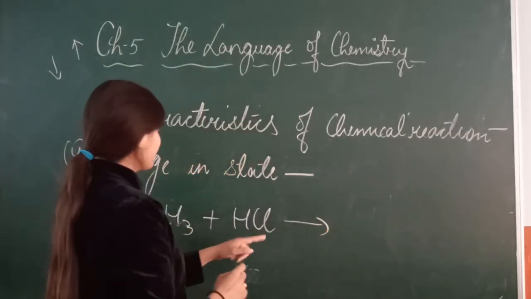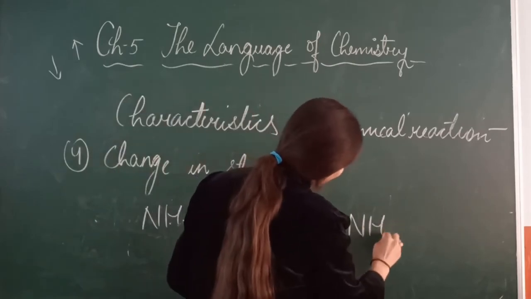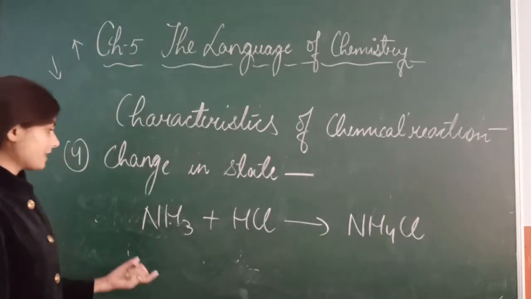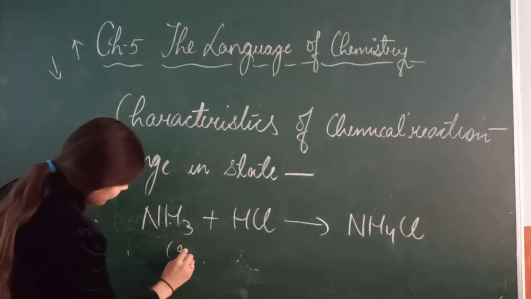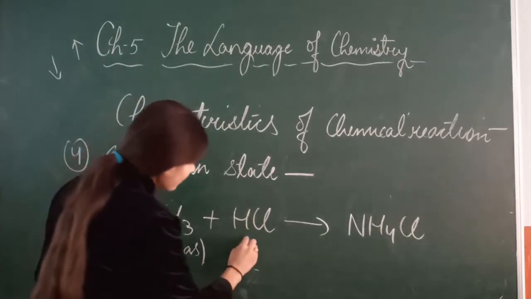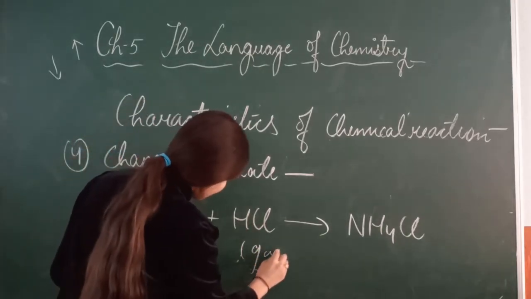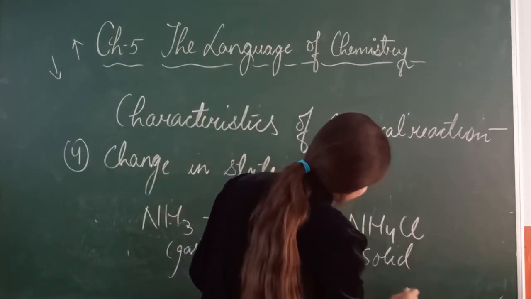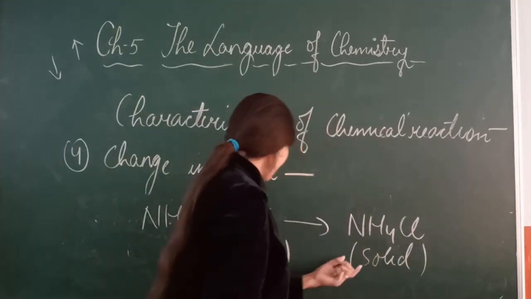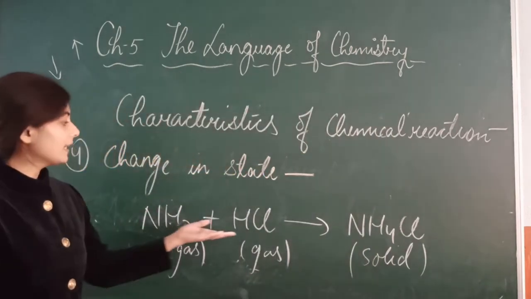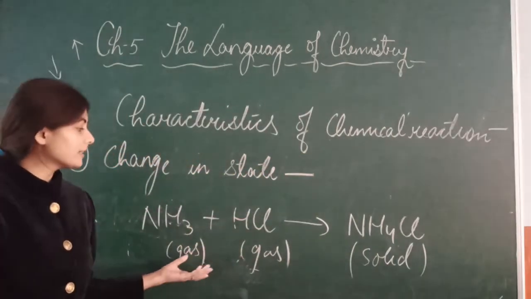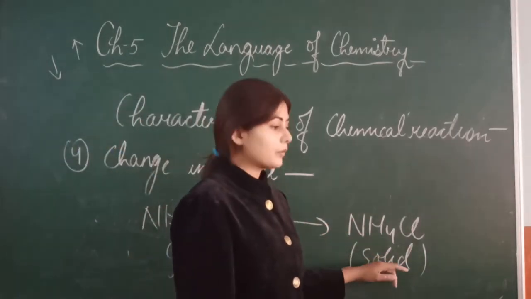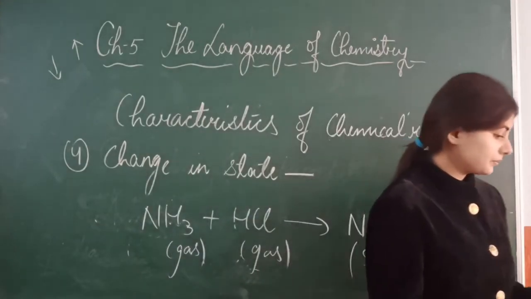It will give ammonium chloride, NH4Cl. Ammonia is in the gaseous state, and hydrochloric acid is also in the gaseous state, but the product which you will get will be in the solid state. So you can see that ammonia and hydrochloric acid are in the gaseous state, but the product which is formed is in the solid state. So this one is also clear.